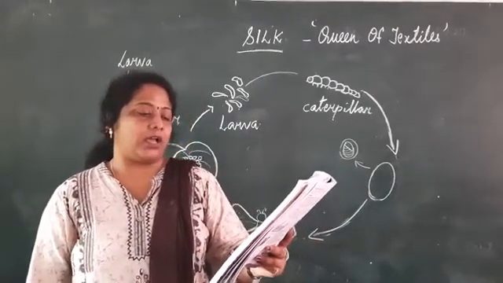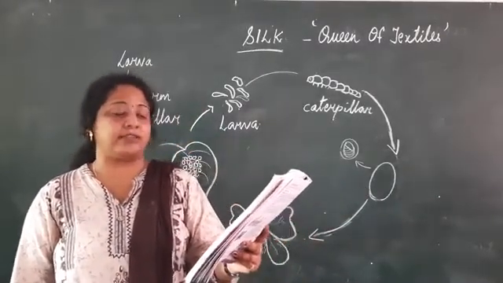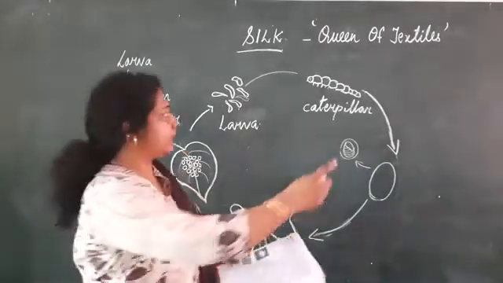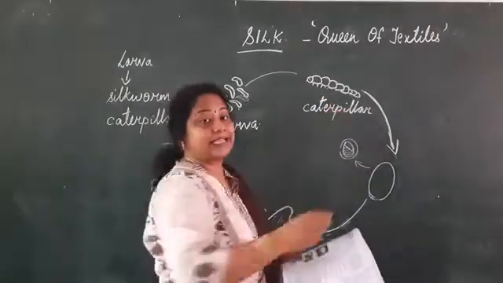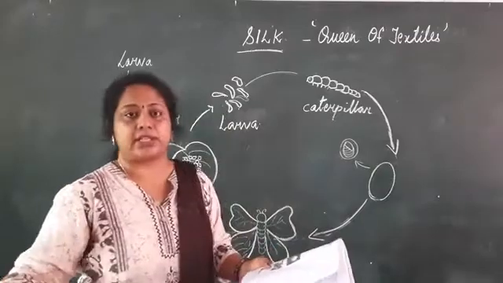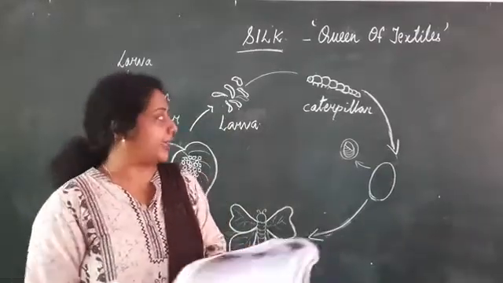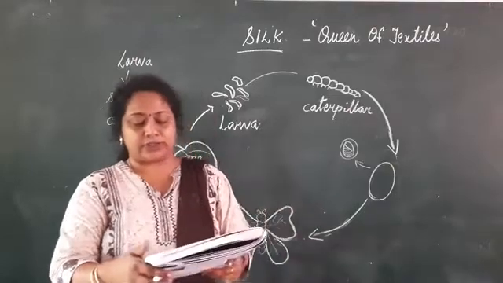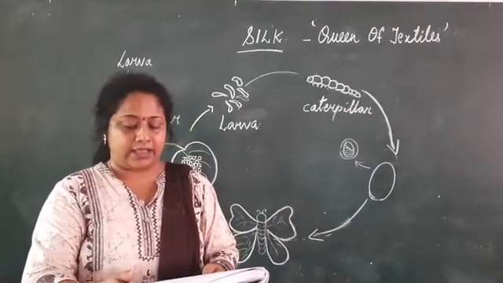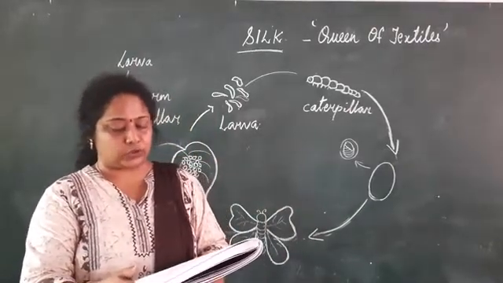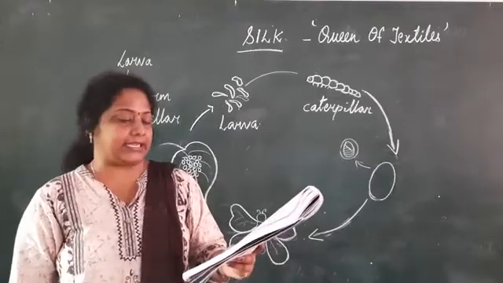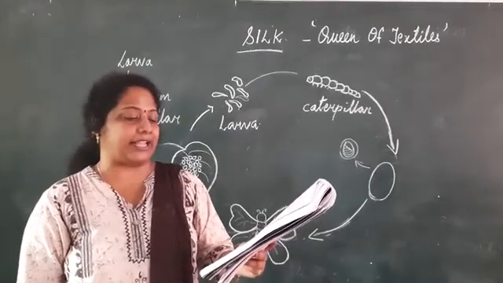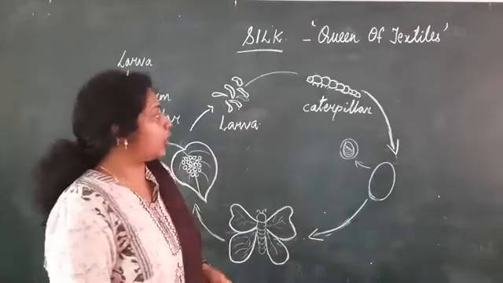And then the silkworm sheds its skin 4 times. अपने skin को shed करता रहता है at least 4 times. Then the worm stops eating, attaches itself to a piece of straw or branch placed in the cultivation tray, and is now ready to spin a cocoon.